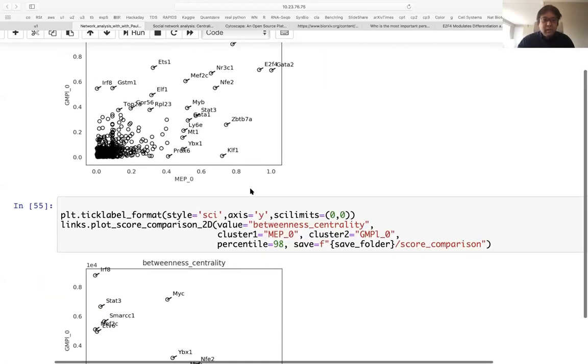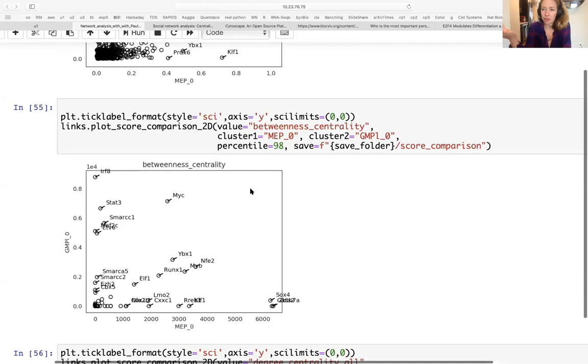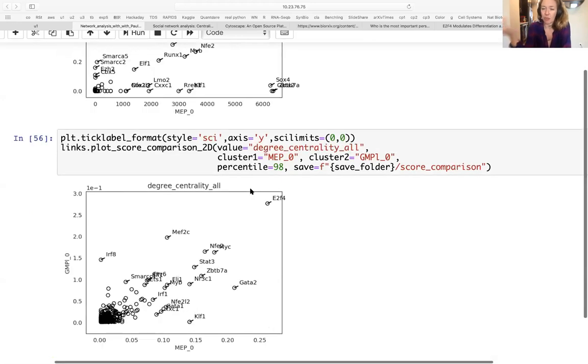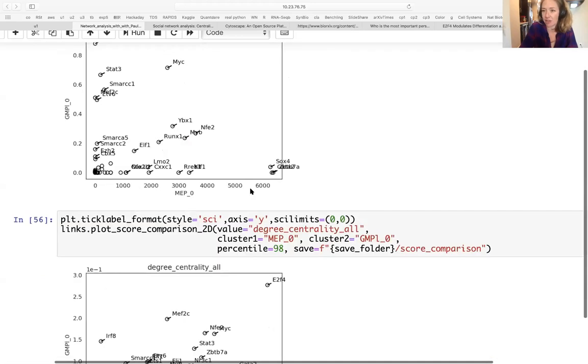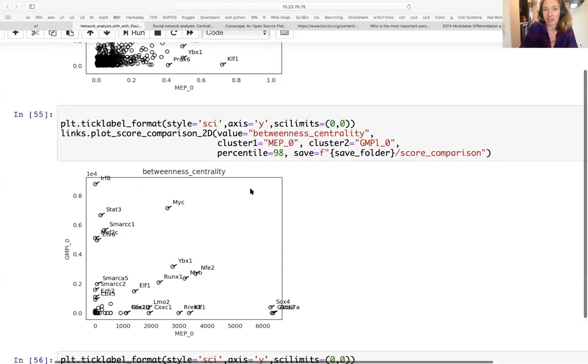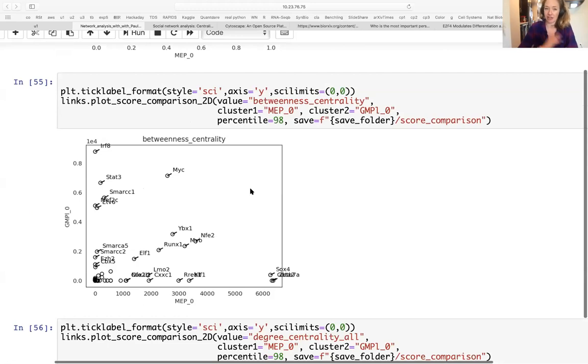I think as well it would be helpful to give people a broad idea of what these measures mean, in terms of how betweenness centrality and eigenvector centrality are different to degree centrality, in really basic terms. Yeah.